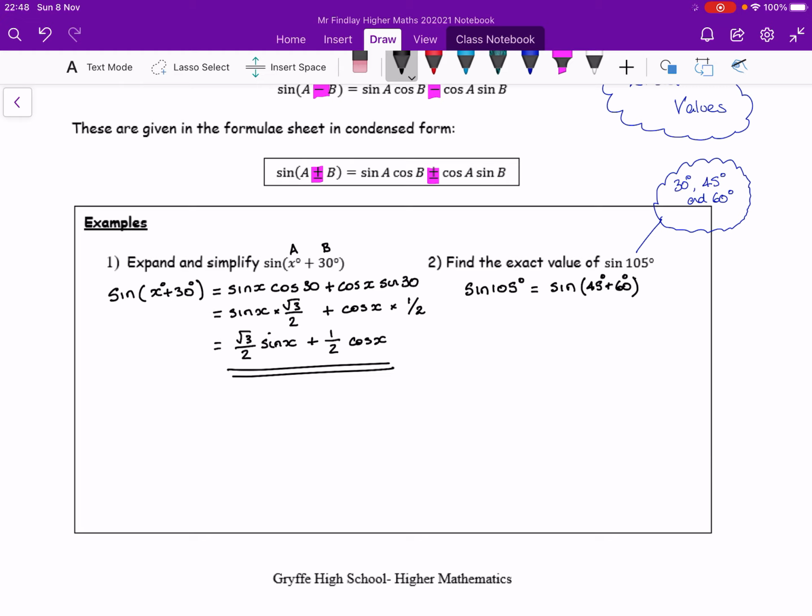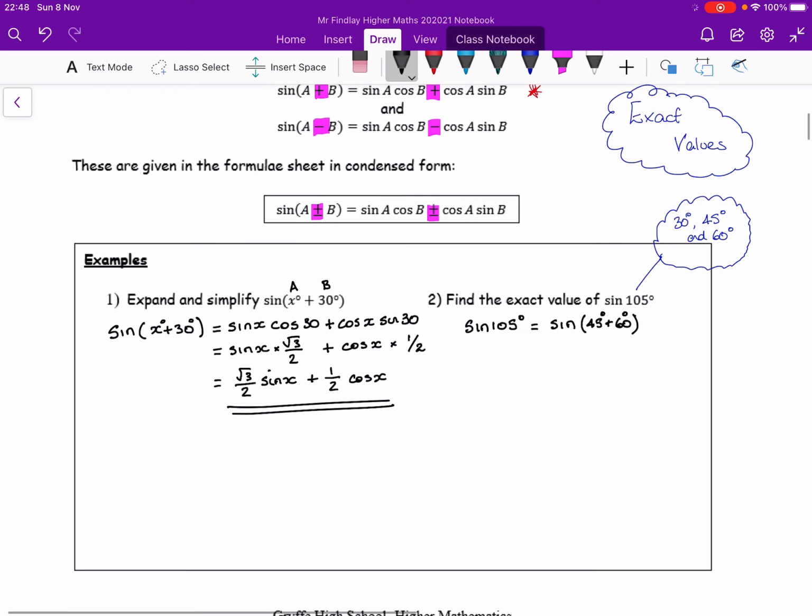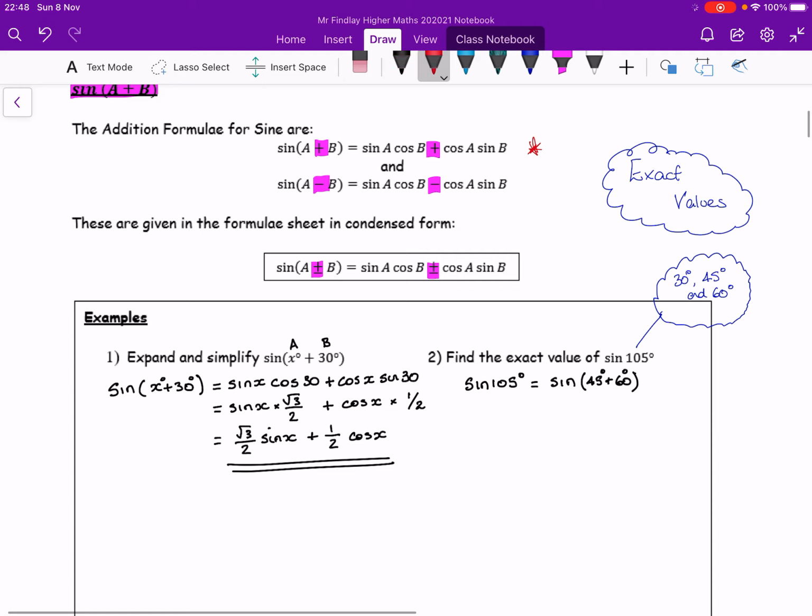So what I've got is an equivalent expression, and that expression can again use my expansion.